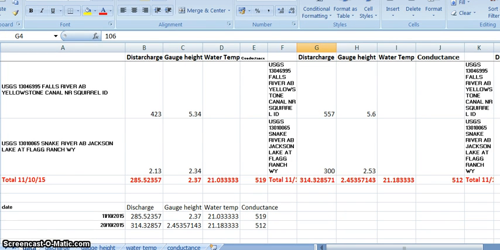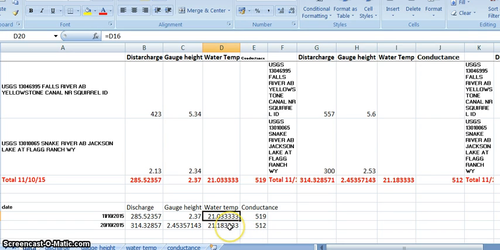So compared to last week, the discharge last week was 285.5, and this week the discharge steam is 314.3. Gauge height was at 2.37, and the gauge height has also risen to 2.45. The water temperature is 21 degrees.